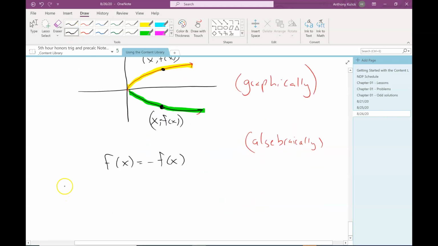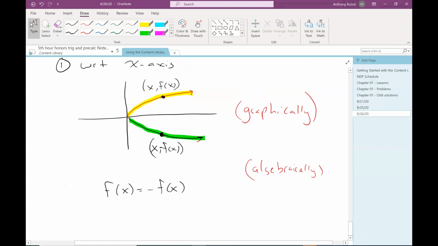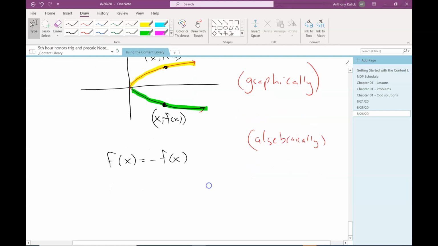What's one important thing to note about all of these functions that are symmetric about the x-axis, though? Look at this graph. Does it look weird? It's not a function, right? If you're symmetric about the x-axis, you're never going to be a function, which makes this one of our least interesting symmetries because you can't be talking about a function. At least the way that we've currently defined a function. The next one, symmetry with respect to the y-axis.